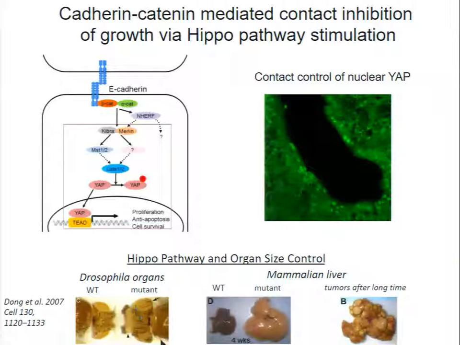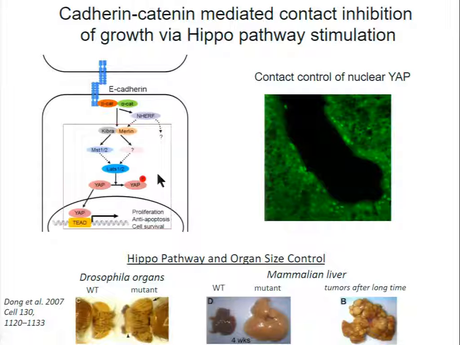So in this case, you see the eyes just outgrow. They're not tumors, but the eyes overgrow when there's mutations in this pathway. And all the genes in the Hippo pathway are found in mammals as well, and one sees if you mutate the pathway, for example, in the liver, you get overgrowth of the liver, and eventually tumors can form.